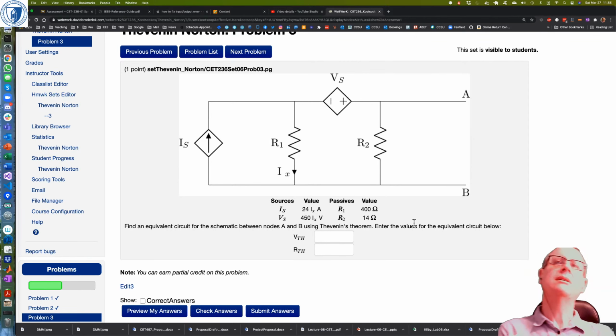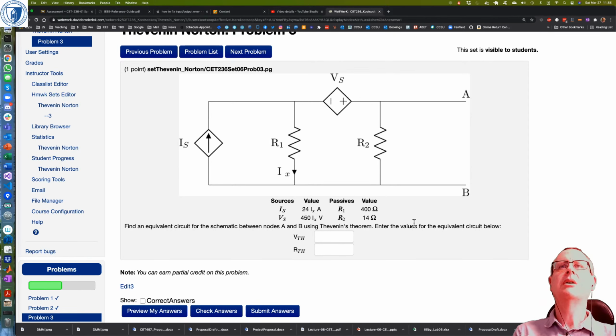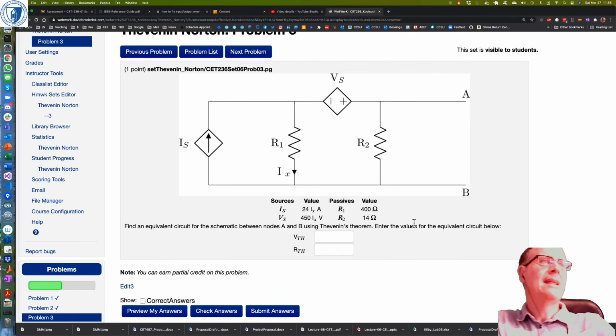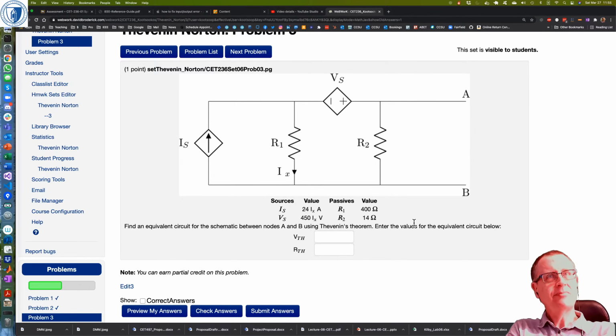Well, this is an interesting one, right? This one has no independent sources, so we cannot use the open circuit voltage short circuit current technique. We have to use the apply a voltage technique.